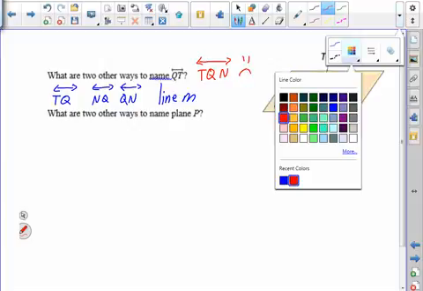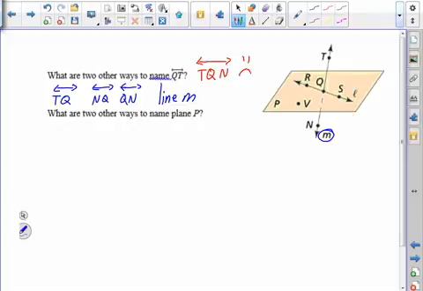So let's go back to the blue here. All right. How can we name plane P? Well, plane P is named because of the large capital letter off in that corner of the parallelogram. But again, based on the characteristics of what a plane is, as long as I have any 3 points that are not on the same line, I can name the plane.